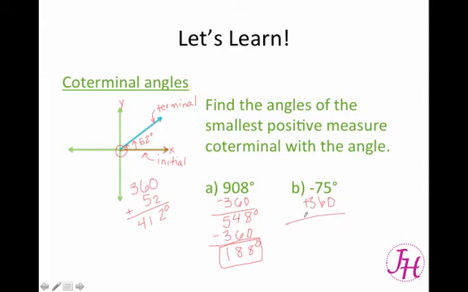Okay, so when we add 360 degrees to that, we get 285 degrees. So the smallest possible coterminal angle of positive measure is 285 degrees for this one.